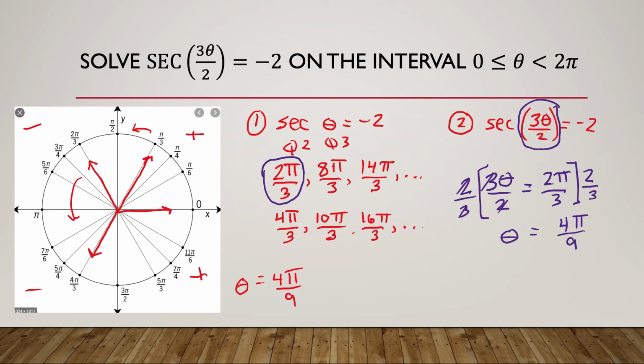Now, the easiest thing to do is to recognize that to get 4 pi over 9, you multiplied by 2/3. So you could now come up here to the list and multiply each one of these times 2/3. So 8 pi over 3 times 2/3 would be 16 pi over 9. That would be the next answer.